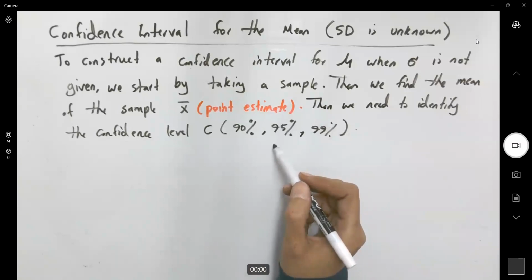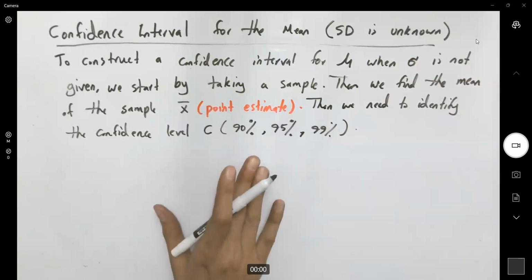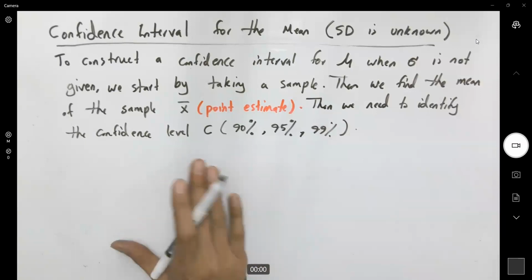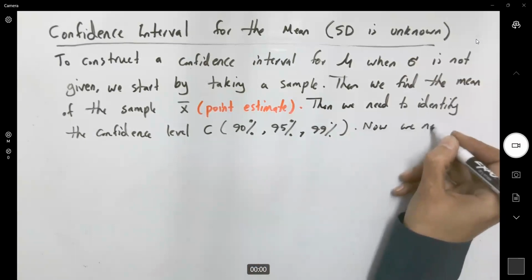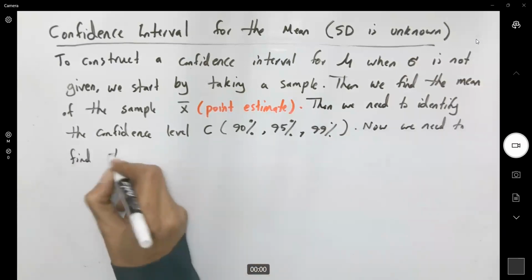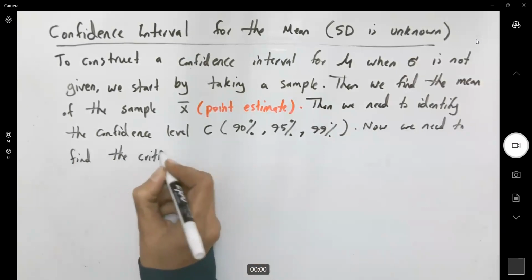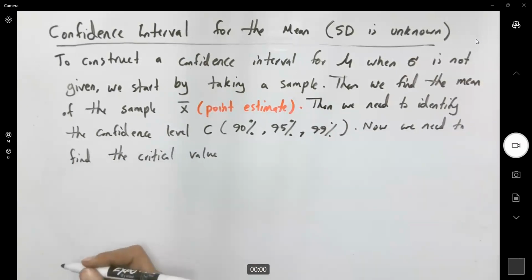Well, what's the next step? In the next step, we need to find the critical value. Now, we need to find the critical value, but it is not ZC.